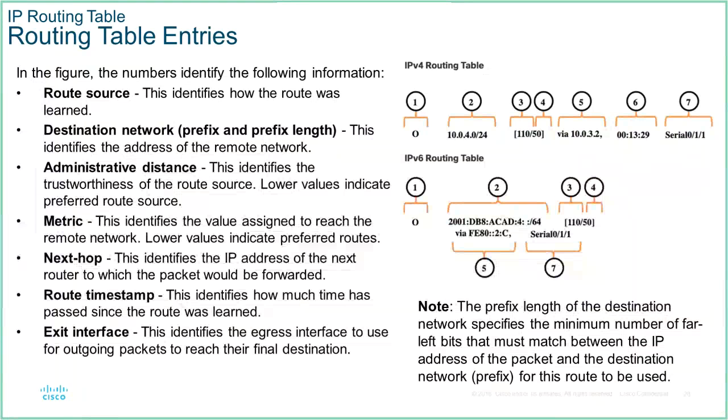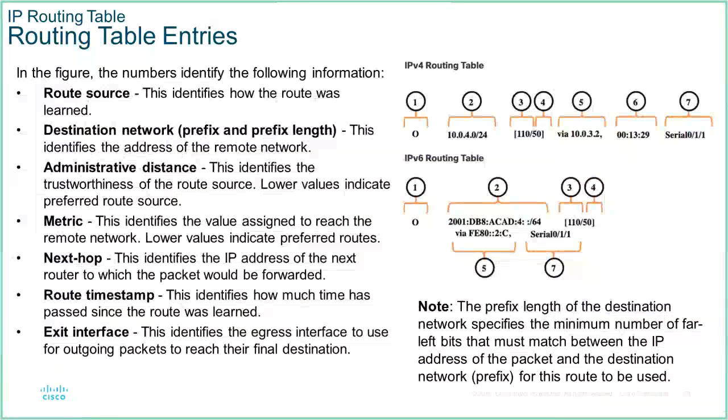Following that, we have the next hop. This identifies the IP address of the next device that we need to forward packets to get it to its final destination. Following that is the time since this path was learnt.